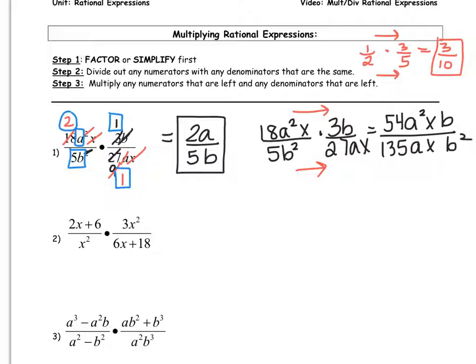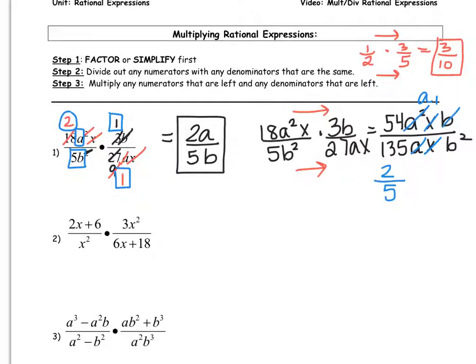So now to simplify something like this, we're going to simplify 54 and 135. Now that's something you're probably going to need the calculator for, so type in 54 over 135 and then hit math, enter, enter. And you should get 2 over 5, 2/5. Now we can see that this x divided by that x cancels to 1. A squared and this a cancel, so we just have an a on top.